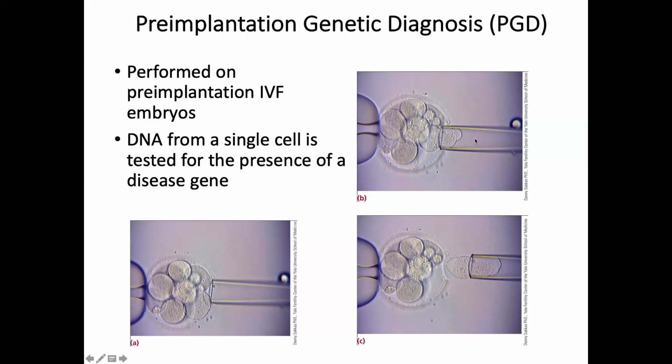On the right is a very, very fine needle that can suck one cell from the embryo. Removing one cell at the early stage of embryonic development won't affect the embryo's development, but the DNA from this single cell is enough for genetic analysis. If the cell has a defective gene, this embryo won't be chosen for implantation.